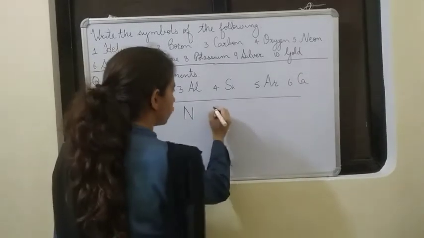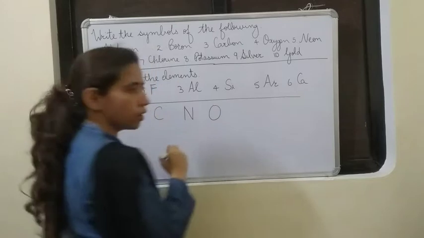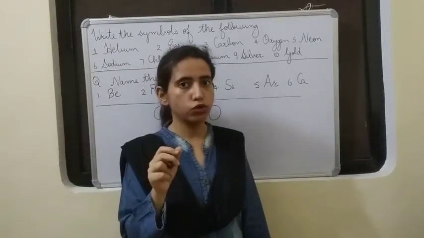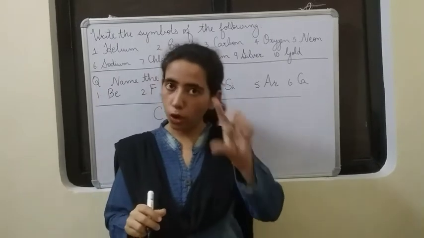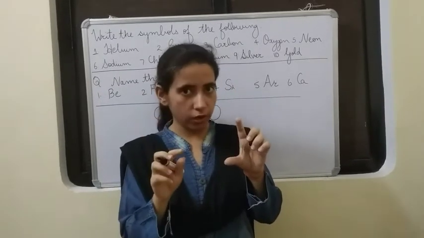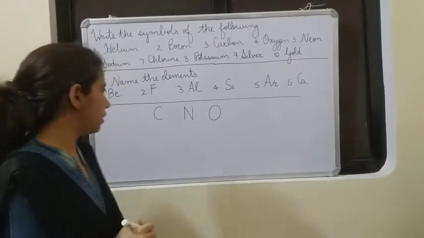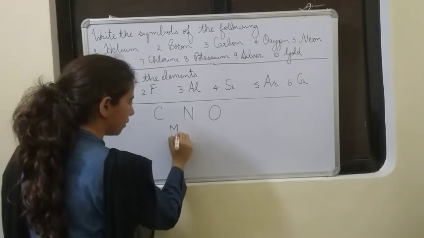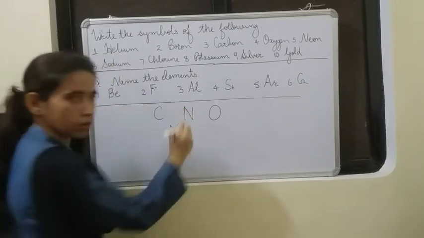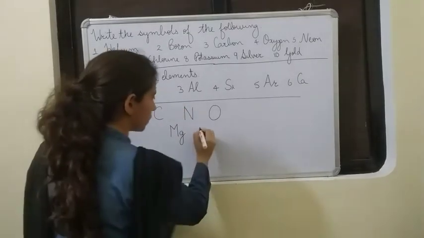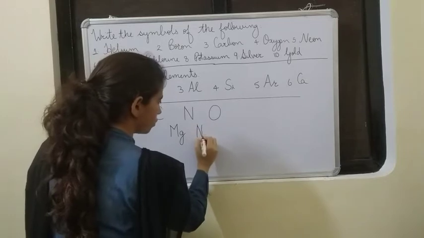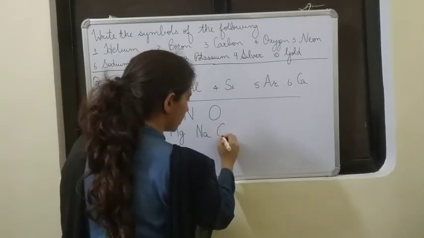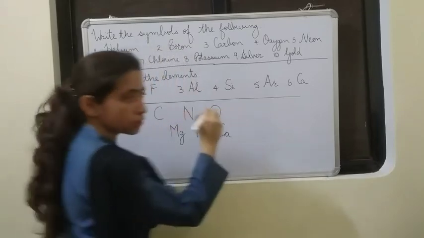Then oxygen you will write like this, O. Alright, and if it is a two-letter symbol, then you are supposed to write the first letter as a block letter and the second as a small letter. Let us see one example. Like for magnesium, you will write the first letter capital M and small g. Okay. Sodium, capital N and small a. Then calcium, capital C and small a. Like this you should write.